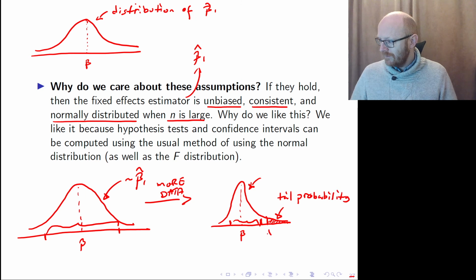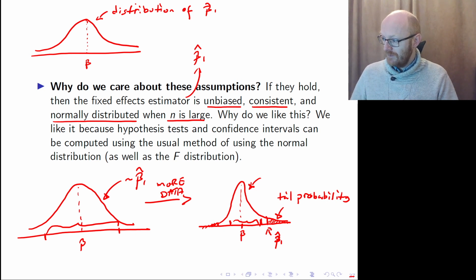So for example, you got a beta hat, which is here, and what is the probability of getting something more extreme than your beta hat, given this null hypothesis of beta being here?